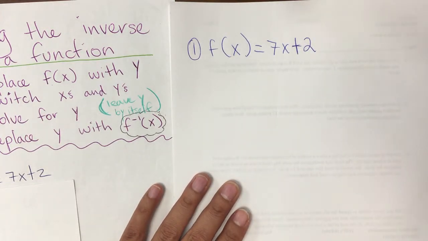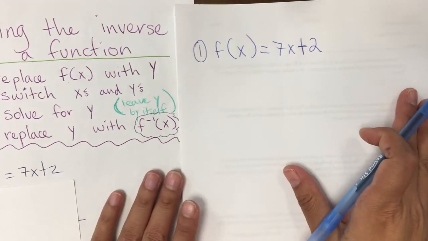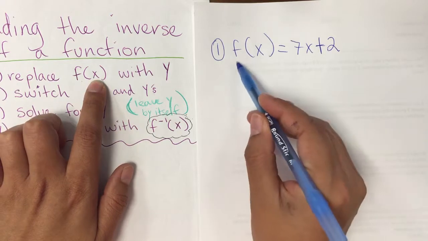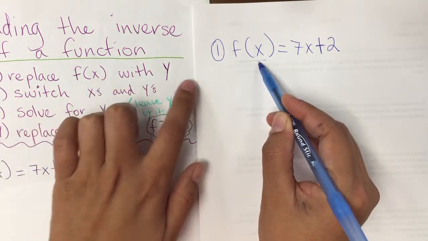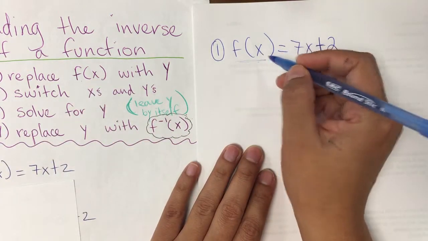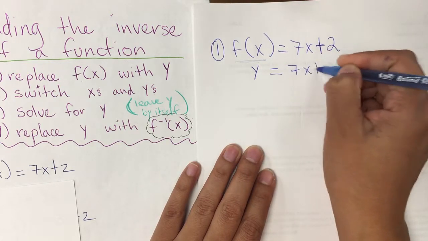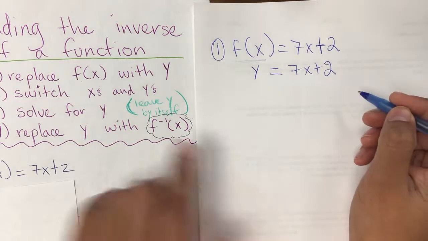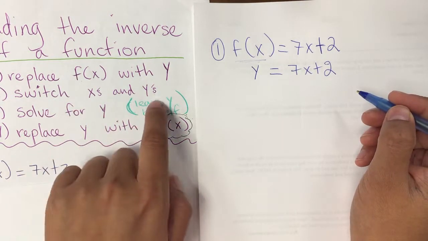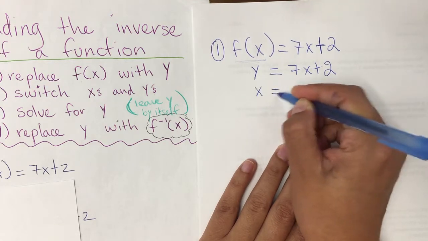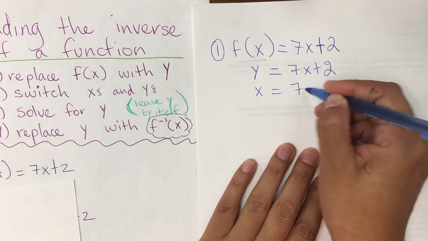The first thing I'm going to do is replace f of x, meaning this part right here, with y. So it's not going to be f of x, but rather y equals 7x plus 2. Then I'm going to switch my x's and y's. Instead of putting y in here, I'm going to put x. Instead of putting x in here, I'm going to put y.